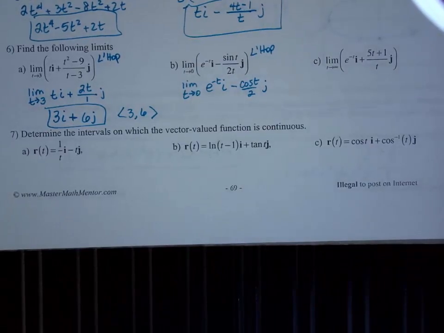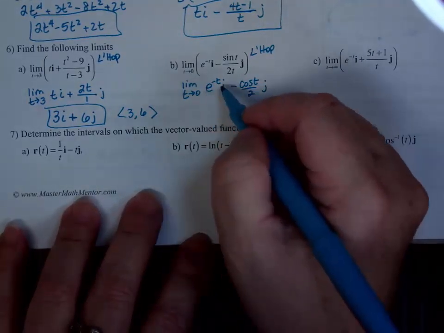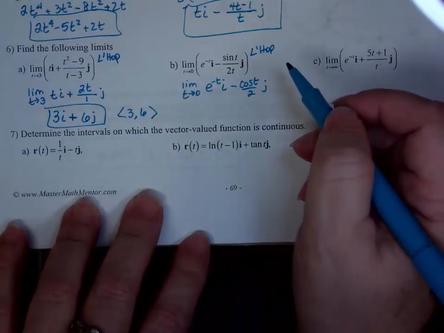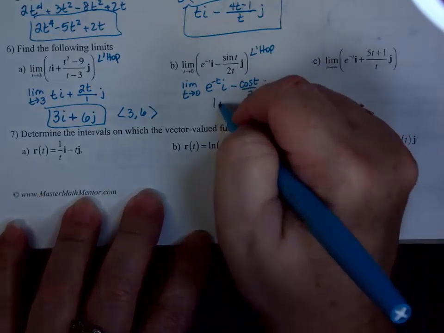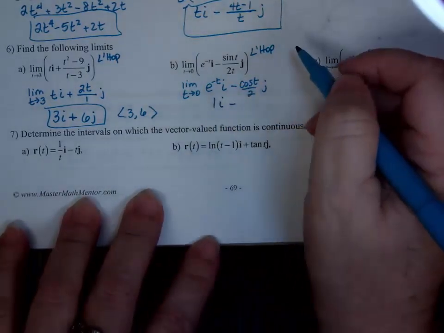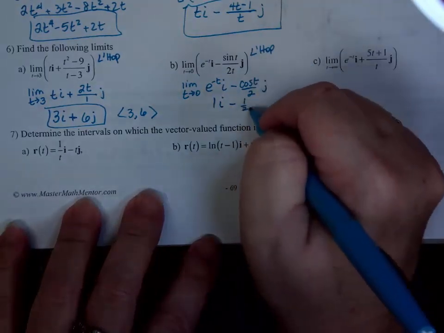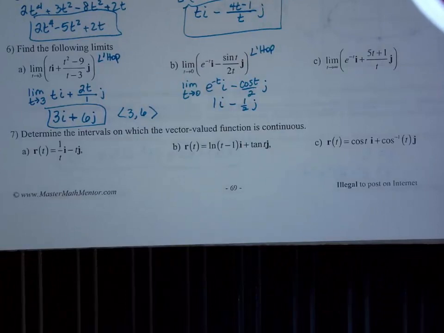You can't do L'Hopital's on something that doesn't need it. It'll give you the wrong answer. So now I'm good to plug in the 0. What do I get when I plug 0 into the first term? 1i minus what? 1/2 j. Do you agree with that? Okay, that one's done.